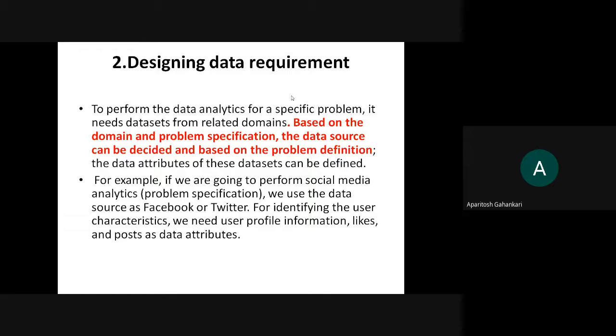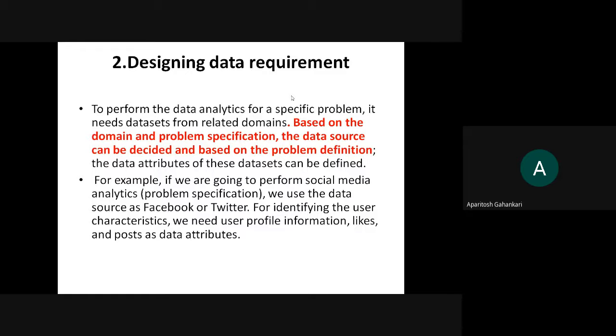The data source can be decided, and based on the problem definition, the data attributes of these data sets can be defined. The meaning is very simple: once you are able to identify the problem, the very next step is to design the data requirement. That means where you are going to collect the data from and what kind of data will be required, all of which will be discussed here.